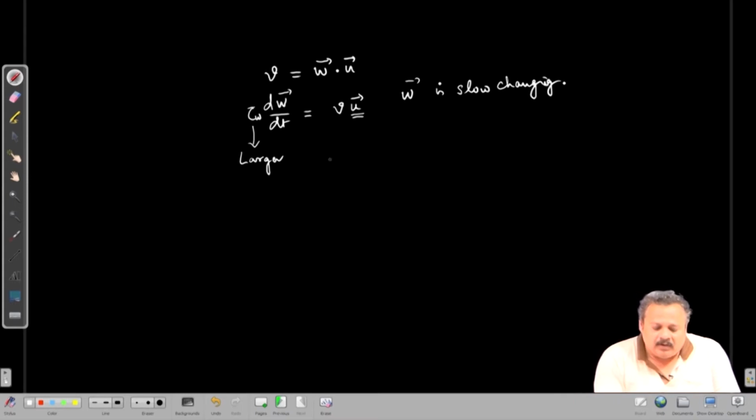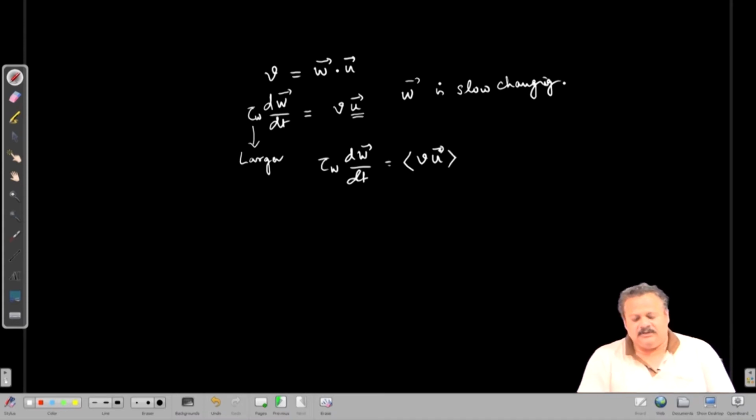So, the overall tau W dW/dt would then be represented by an average of all the patterns of input that is being provided. So, time average based on all the inputs.